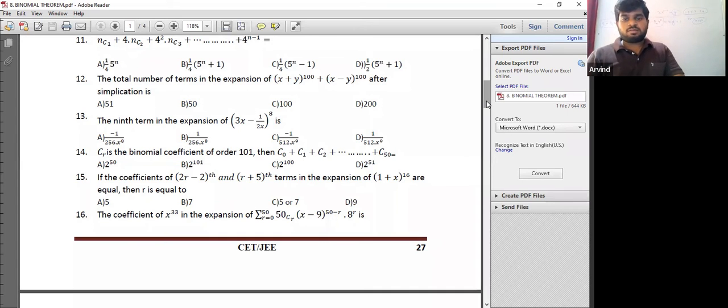C0 plus C1 plus C2, and so on up to C50. What is the value of it?